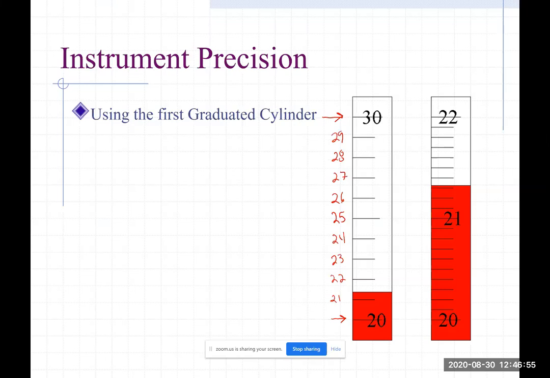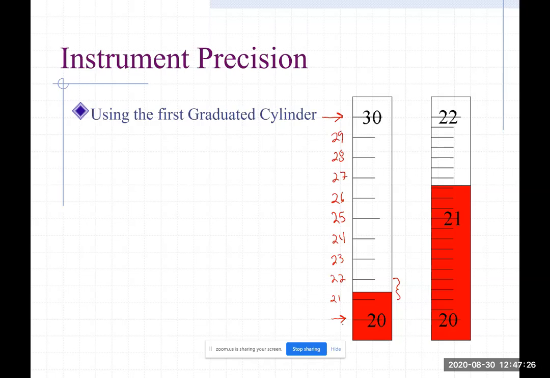So these calibration marks are changing in the ones place. Because they're changing in the ones place, we have to estimate in the tenths place, the next place over. So we're looking to see where we are in this region, and we're going to estimate what that value is.